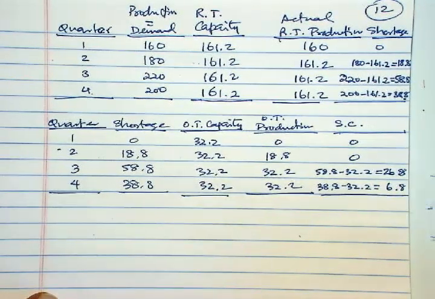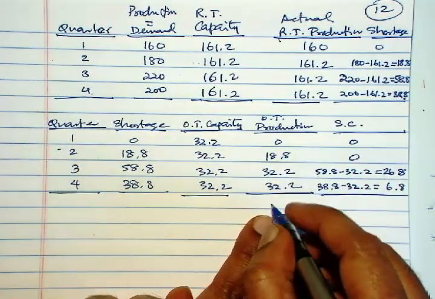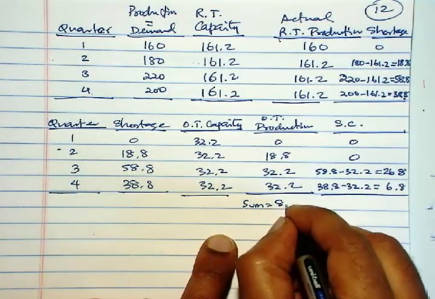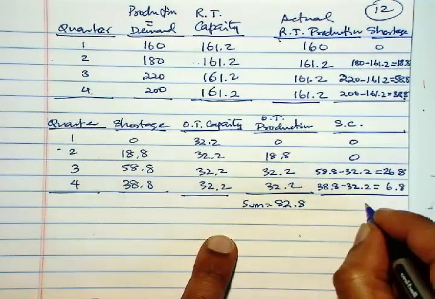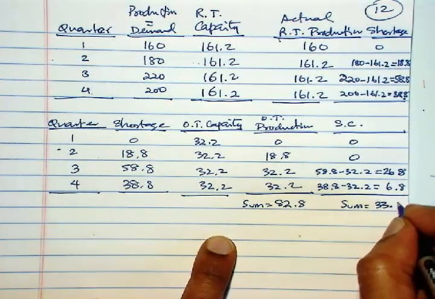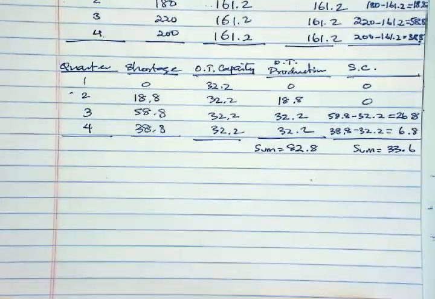So now we can compute the total overtime production is 82.8, and subcontracting production is 33.6. Okay. Now we can set up the cost summary.